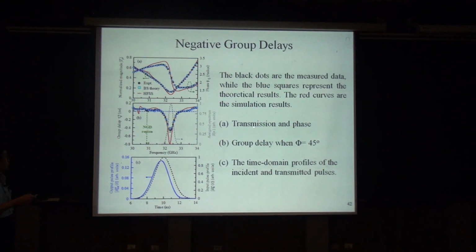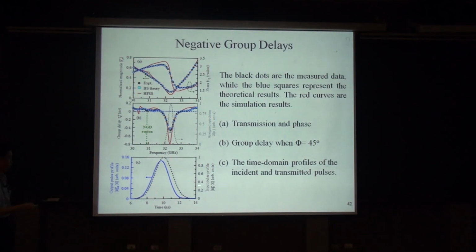And this one is transmission and phase. The phase with respect to the frequency is the group delay. So in this region, the group delay will become negative. This is 0.